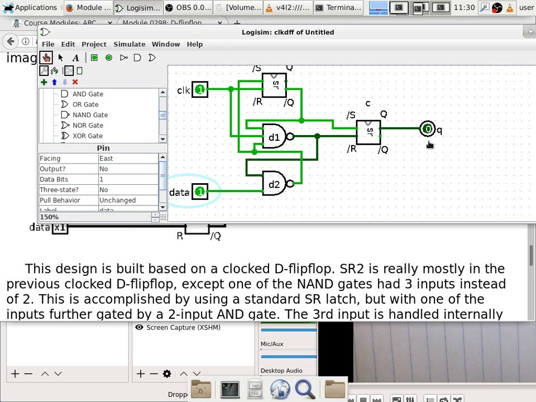If I change the data to be 1 and then I go for another 0 to 1 transition on the clock line again, the output changes again. But I can keep flipping the data line all I want as long as the clock is not in transition. You can change the data line all day long and nothing happens to the output of the SR latch.